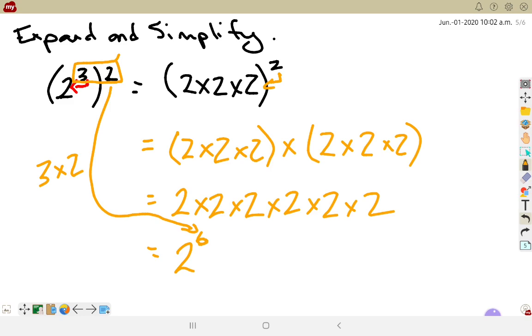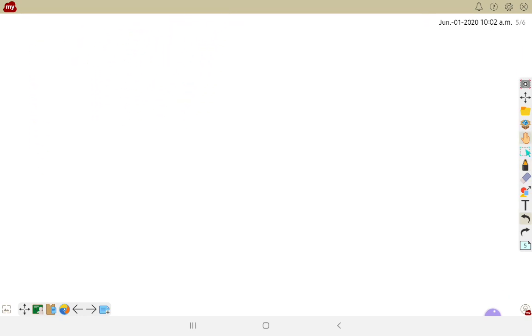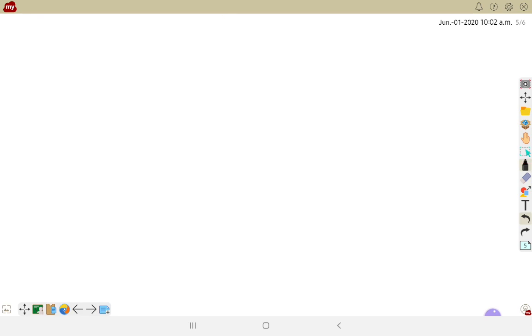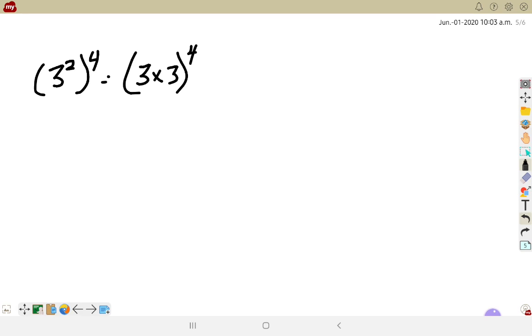Let's test another one to see if that holds for something else. We'll pick a different base. Let's go with 3. I don't want to write out too many things, and I know you don't want to watch me write out too many things either. We'll say 3 exponent 2, and then raised to an exponent of 4. So that's going to be 3 times 3 inside the set of brackets, raised to an exponent of 4.